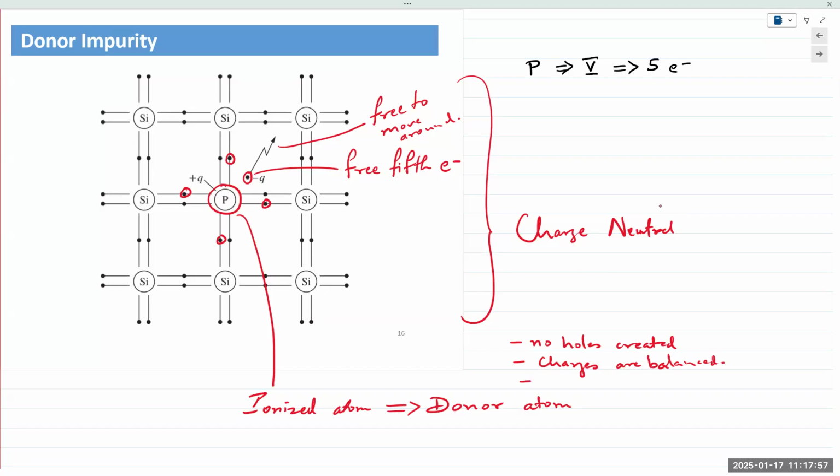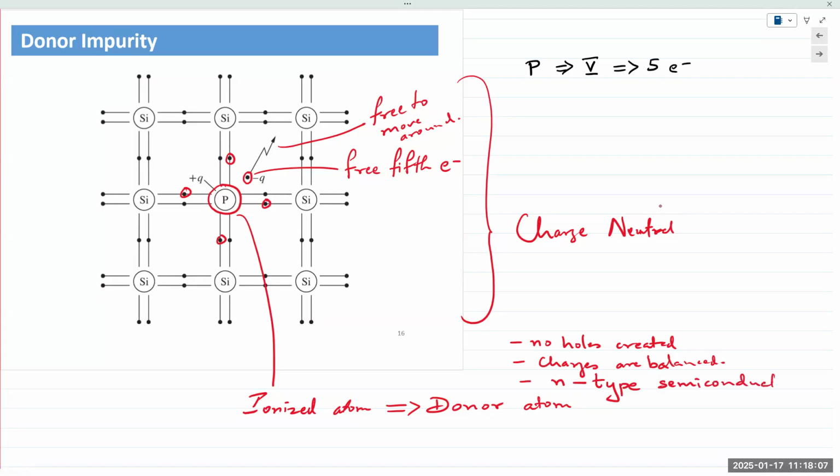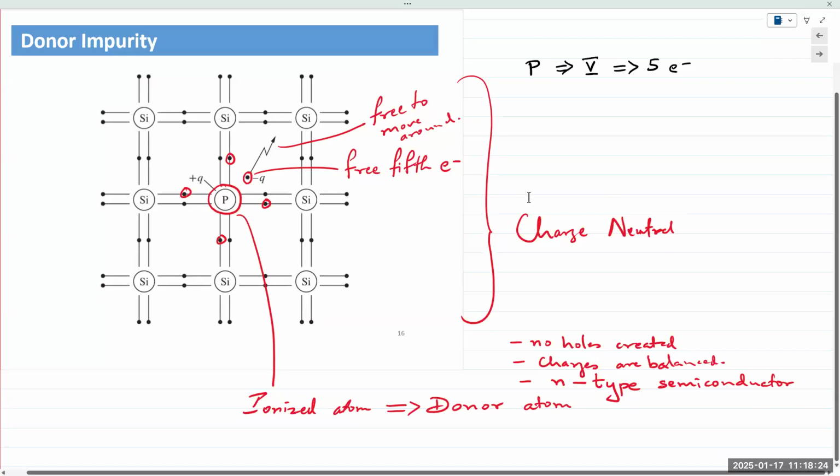And of course, because you have negatively charged electrons moving around, this is known as an N-type semiconductor. Also referred to sometimes as extrinsic semiconductor because we are adding in external charge carriers. So let's move this around.